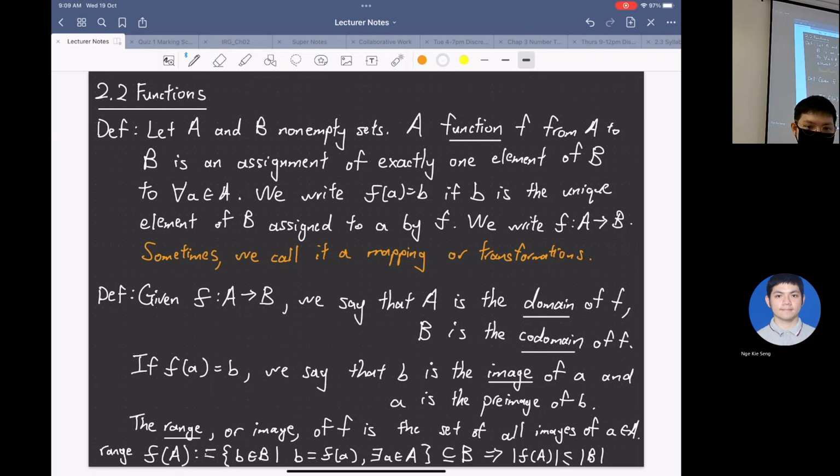Those we can reach are called the range, or the image.